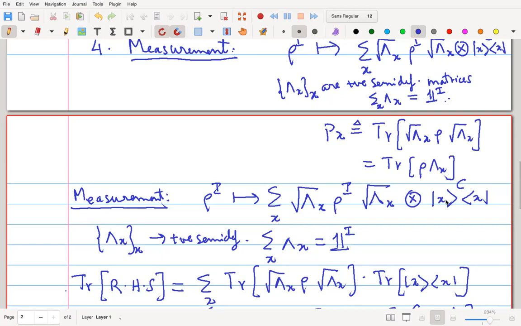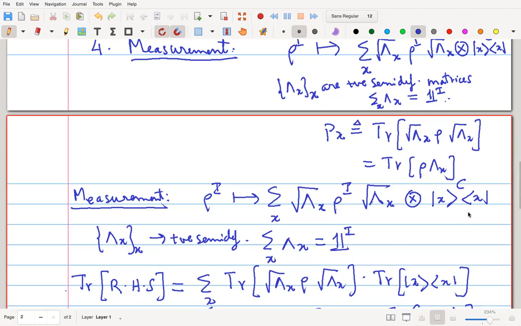Now I have a nice physical description that ties to a mathematical description. I've done a measurement on my system. My system was in the state rho I. The measurement is mathematically described by this set of positive semi-definite operators, lambda x, which add up to the identity matrix. The index x I interpret as the classical outcome.